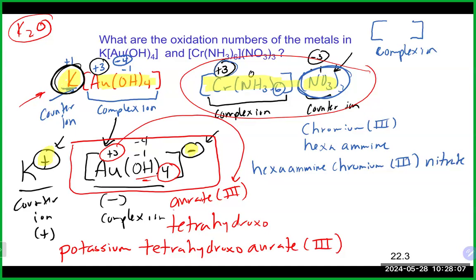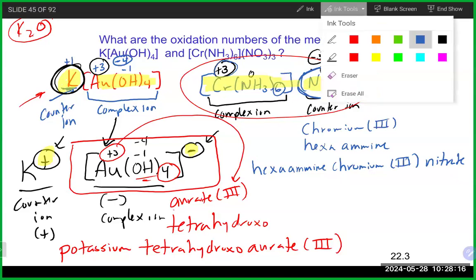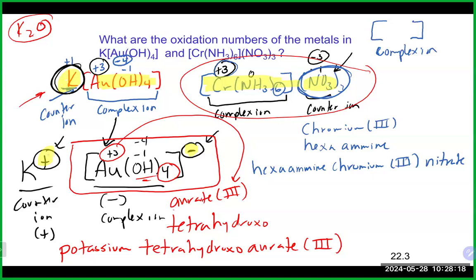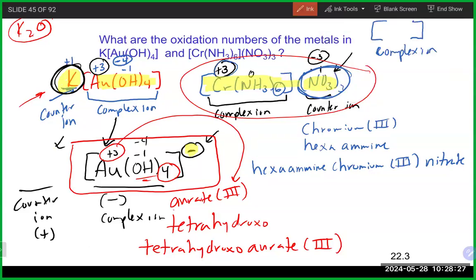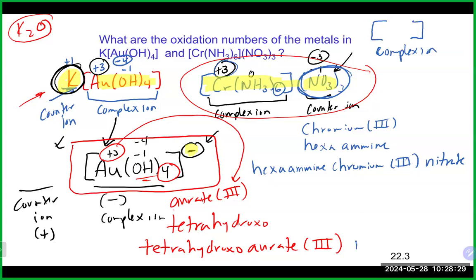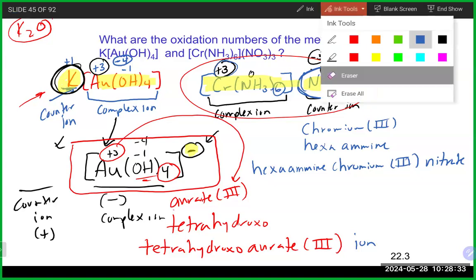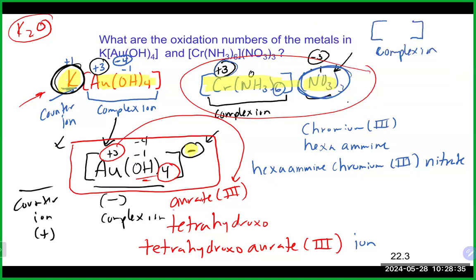Now, what would be the name if perhaps I did not have the counter ions present? So if I wanted to name these guys without the counter ions present, as I say, we didn't have this, we just had the ion, we would get rid of the potassium. And this would pretty much be the same name, except at the end, we just put ion at the end of it. And same thing here, if we just had the complex ion part and not the counter ion part there.